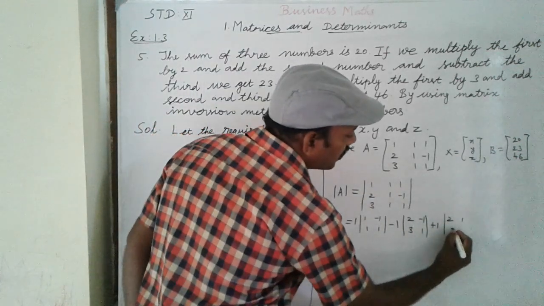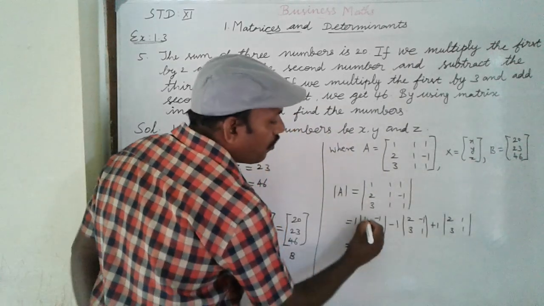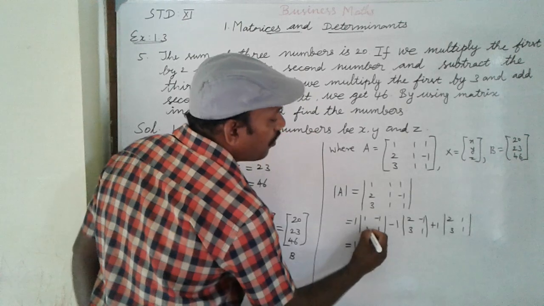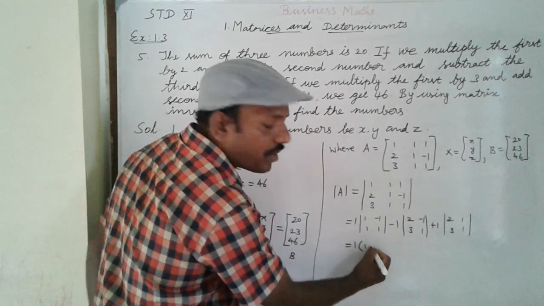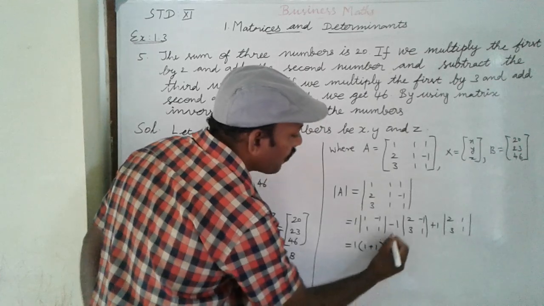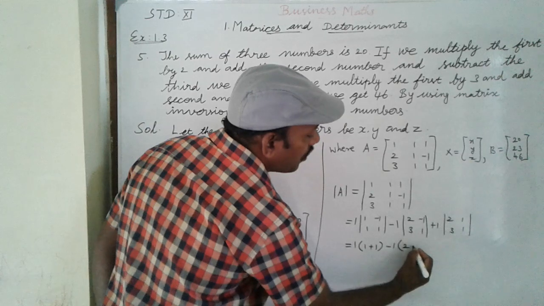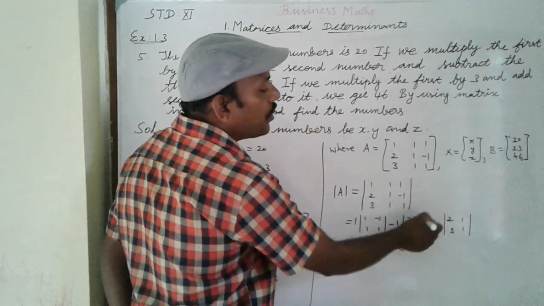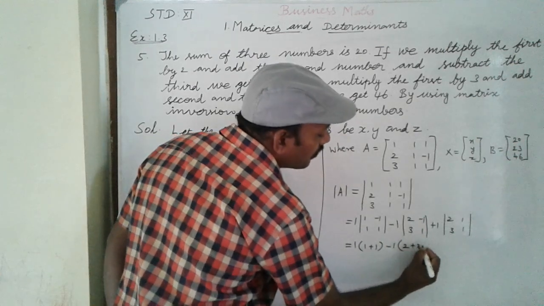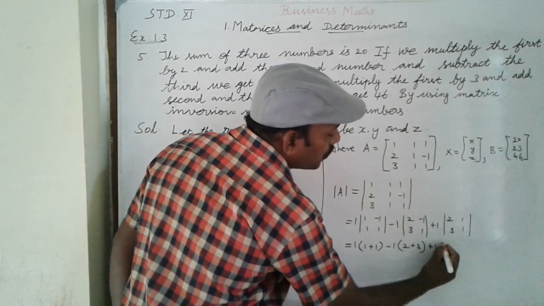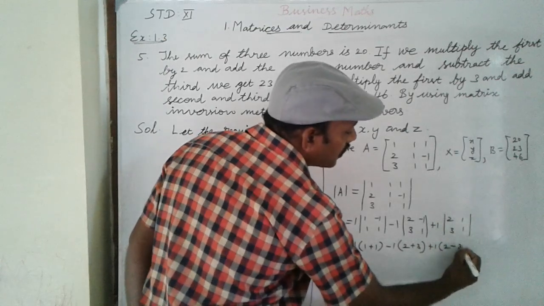Finding these values: 1 into 1 is 1, minus 1 into minus 1 is plus 1, so 2. Minus 1 into 2 plus 3 is 5. Plus 1 into 2 minus 3 is minus 1.